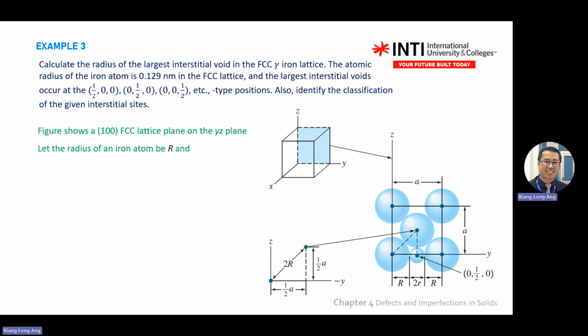Let the radius of the iron atom be R, and the interstitial void radius be small r, at the center of here.